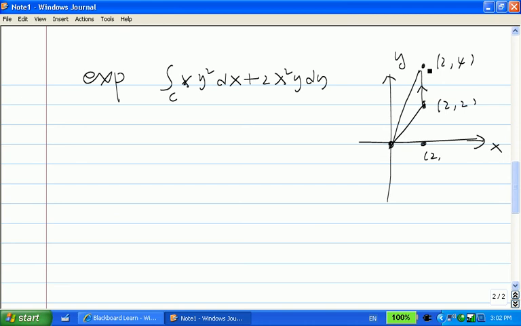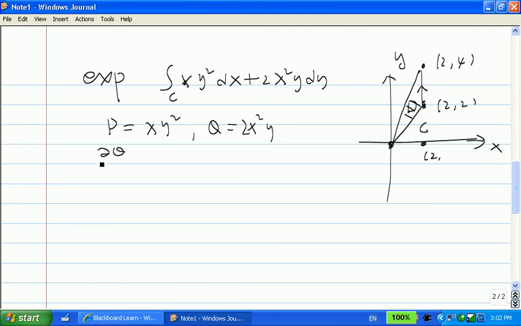Okay. So for this problem, this triangle inside is a D. The boundary of the triangle is a C. P for this case is x y squared, the coefficient of dx. Q here is 2x squared y.